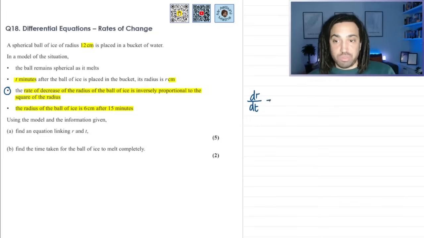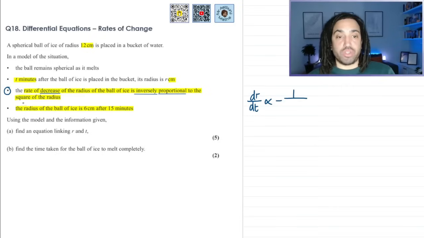And that is equal to negative, because it is a decrease, or should I say proportional to in the first instance, because it is proportional to, and it's inversely proportional to, so 1 over the square of the radius, so r squared.